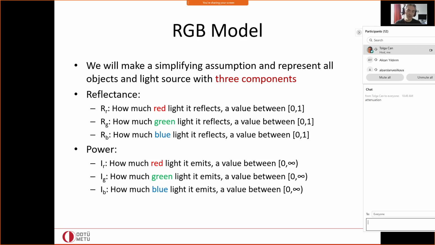Since everything is additive, we will not have any negative contributions. The interaction of the power of the light with reflectance can never be negative. The smallest it can be is 0, no color at all, and 0 is going to give us black. There is no negative color value.